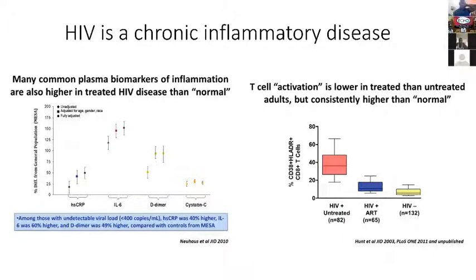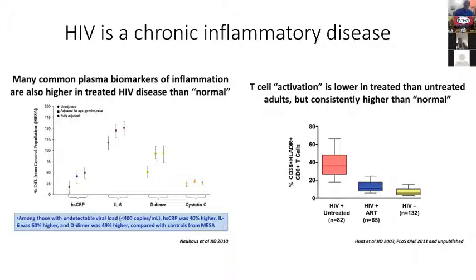Interleukin-6 is somewhere between double and almost 150% higher than in HIV uninfected persons. High sensitivity CRP, 150%. Cystatin C also 125%. And they're persistently higher, especially even in persons who are on antiretroviral therapy.